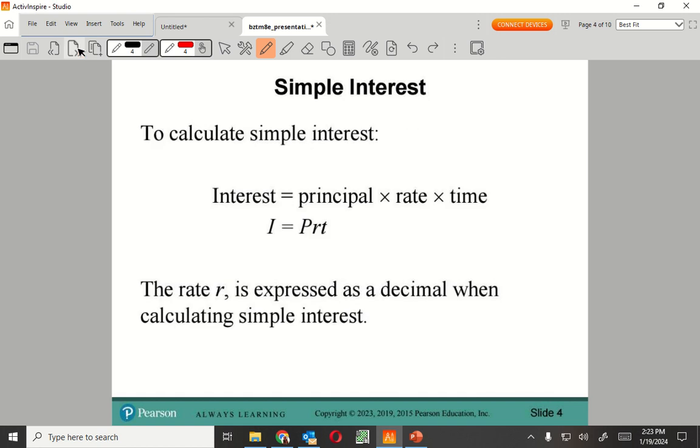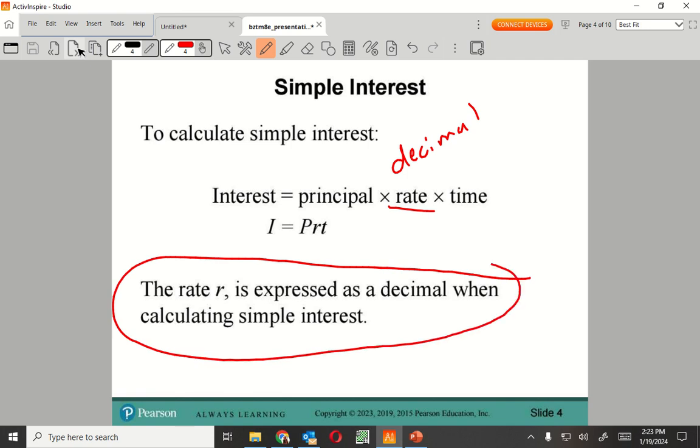Calculate simple interest, which in my formula is I equals PRT. P is my principal. R is the rate, and you're going to write this because no one ever remembers this: this rate has to be written as a decimal. It's written right here, but no one ever reads this.